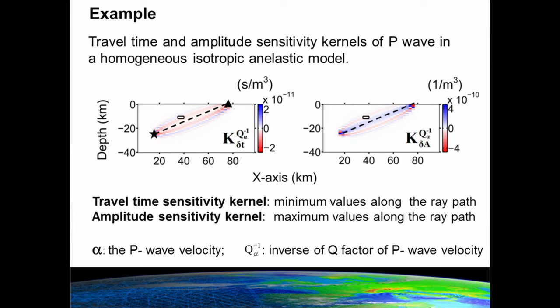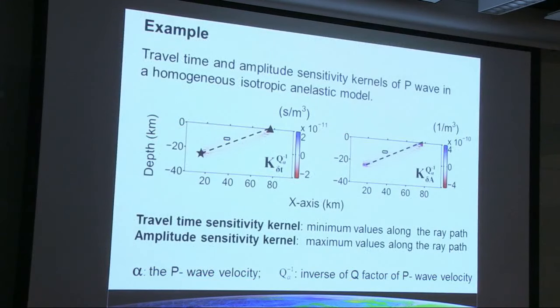And the travel time sensitivity kernel is smaller in magnitude than the amplitude sensitivity kernel, indicating the amplitude of the seismogram will be more sensitive to the QP perturbation.